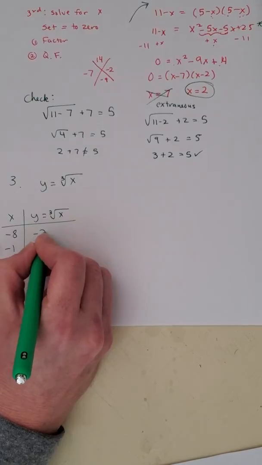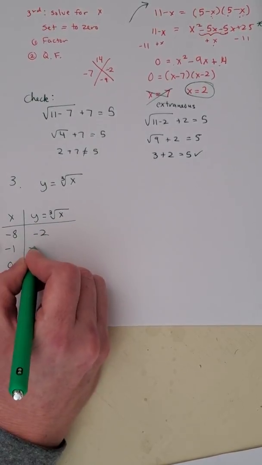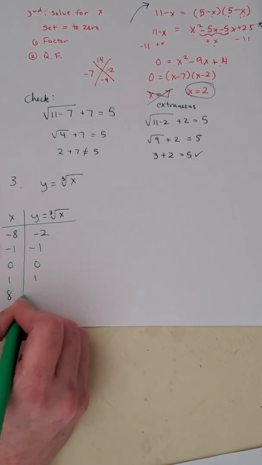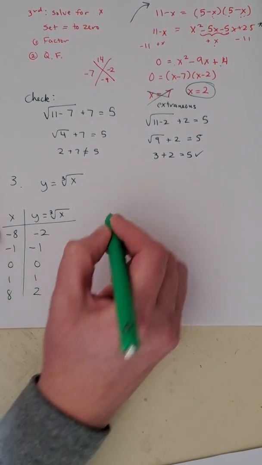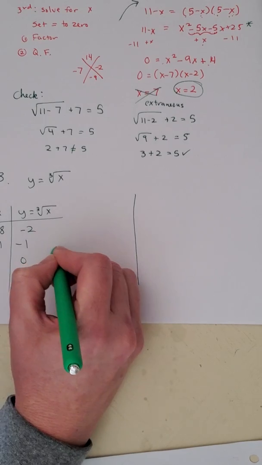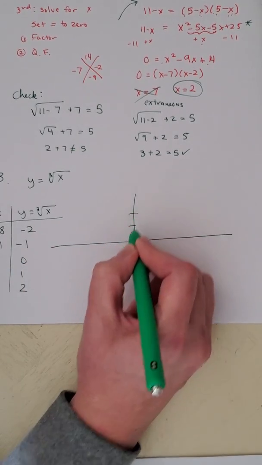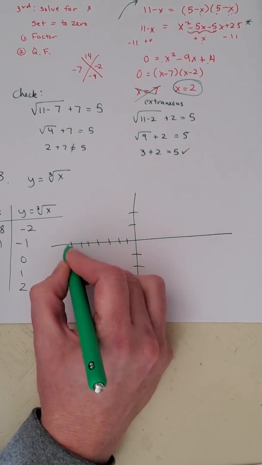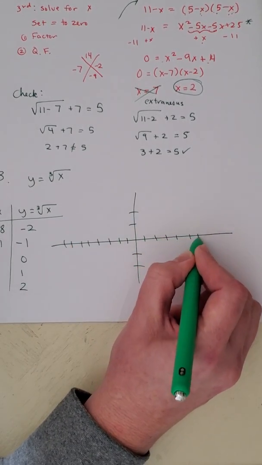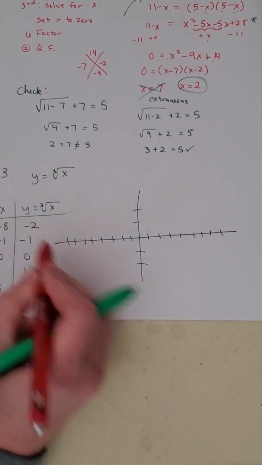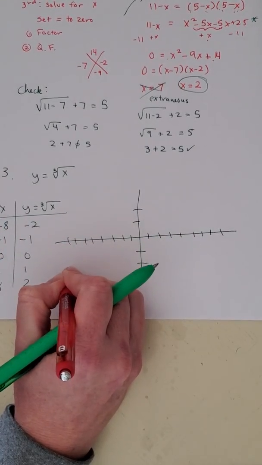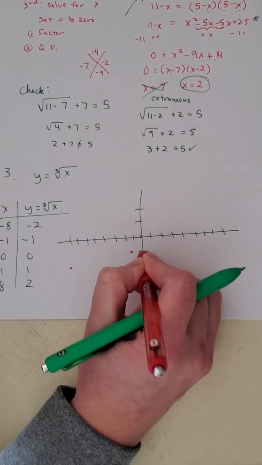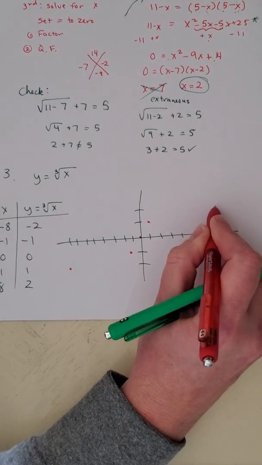The cube root of negative 8 is negative 2. The cube root of negative 1 is negative 1. The cube root of 0 is 0. The cube root of 1 is 1. And the cube root of positive 8 is 2. So your parent function is at (negative 8, negative 2), (negative 1, negative 1), (0, 0), (1, 1), and (8, 2).